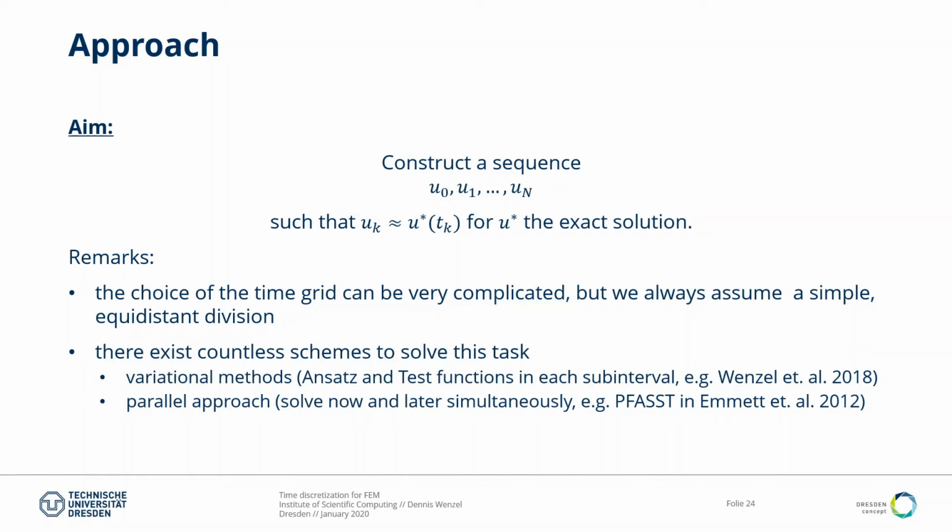There exist parallel time discretization schemes, which is pretty interesting, if you think about the fact that your time is always running linearly, only forward, and you can't revert it. So it's kind of interesting to think about how it's possible to solve things now and later at the same time on multiple CPU cores. So I've also named some examples here.